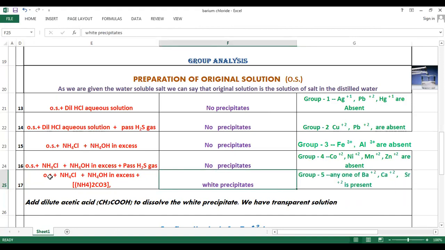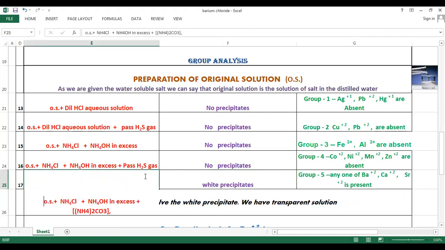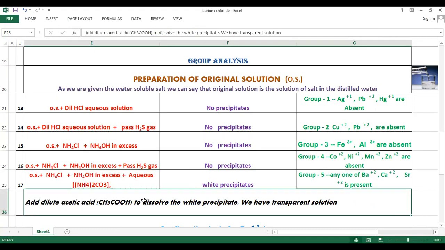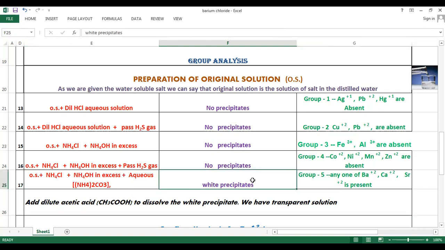So when we take original solution and add ammonium chloride, then we add ammonium hydroxide in excess, and then we add aqueous ammonium carbonate, we get white precipitates, and as we got the white precipitates, we come to know that any one of the group 5 ions may be present.